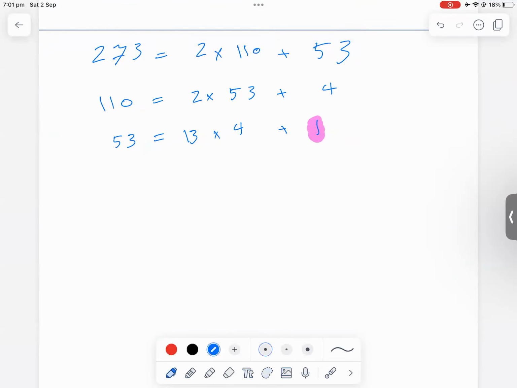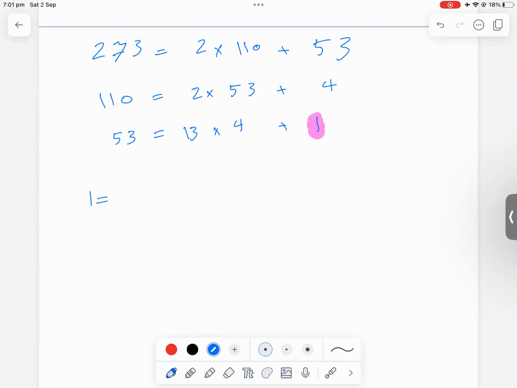So now here is the thing. 1 equals 53 minus 13 times 4 from here. So I'll use the second equation. Instead of 4, I will use 110 minus 2 times 53.